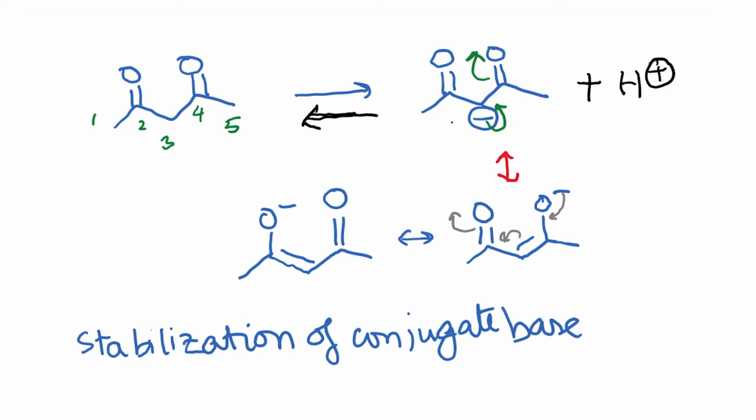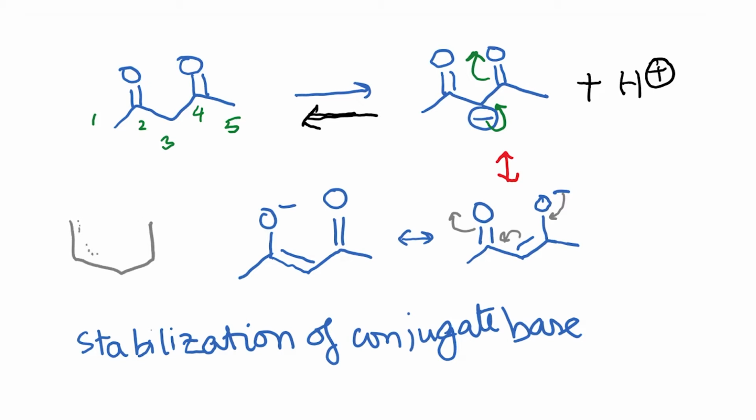Clearly the carbanion is not the stable form, and so it is going to form the enolate. The important thing is that the enolate can delocalize further and produce this other enolate over here.